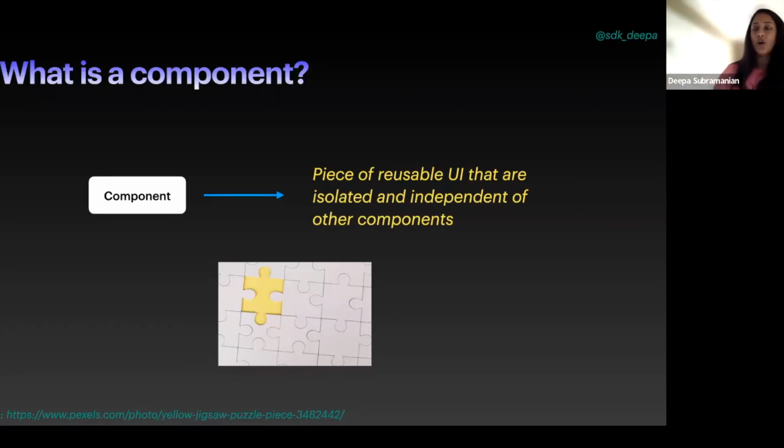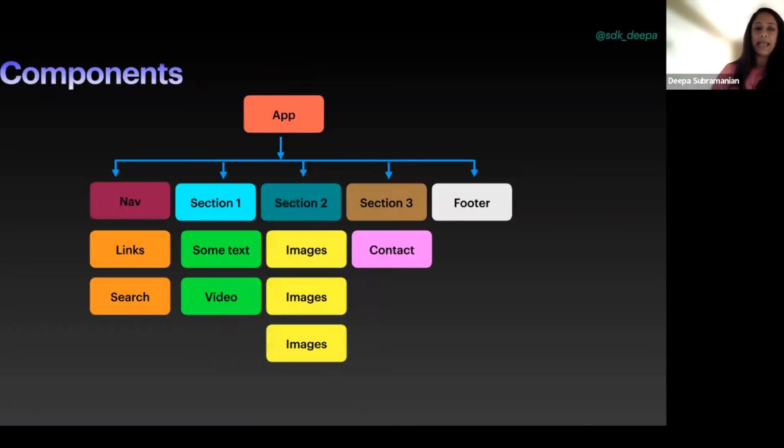Each React project has an App component, which is the root component. I showed you the div with the ID of root, and we are calling it in index.js. Under the root, you will have multiple components. Those are all child components forming a tree structure.